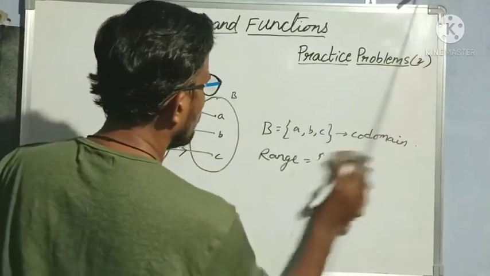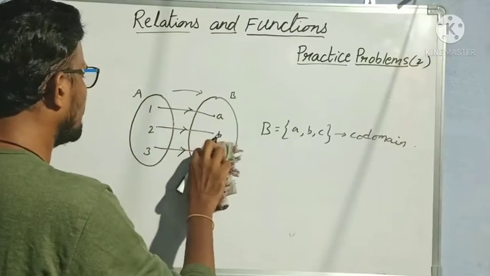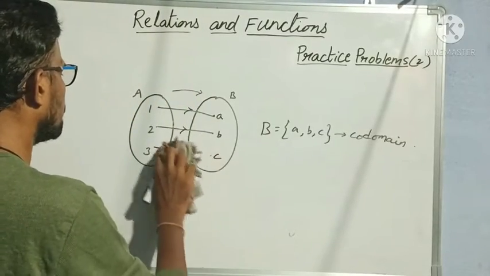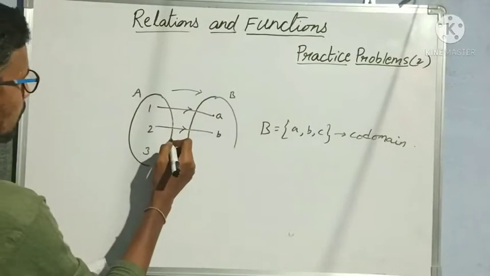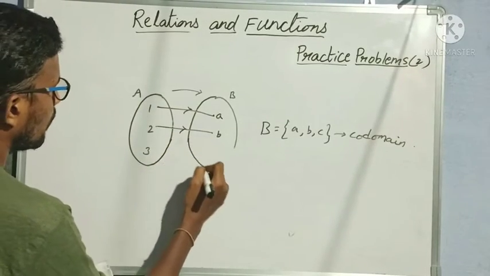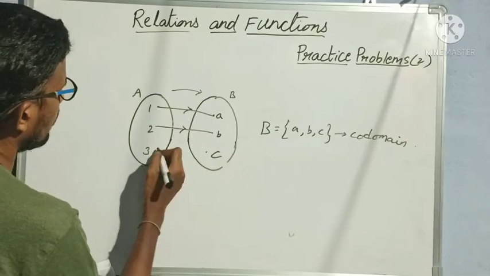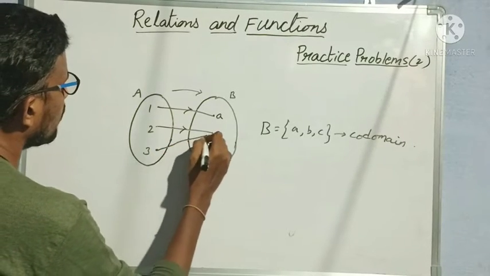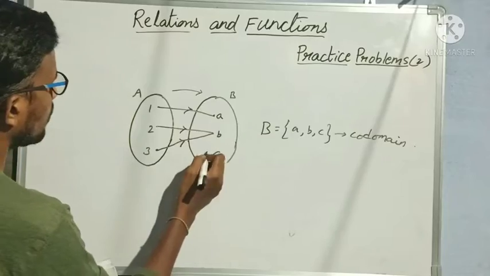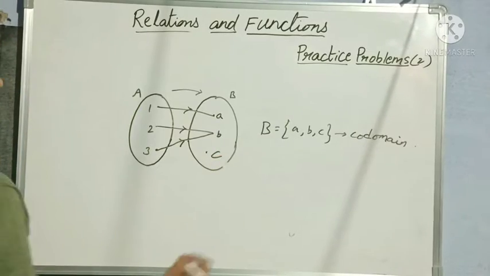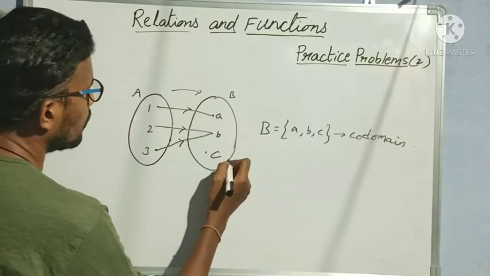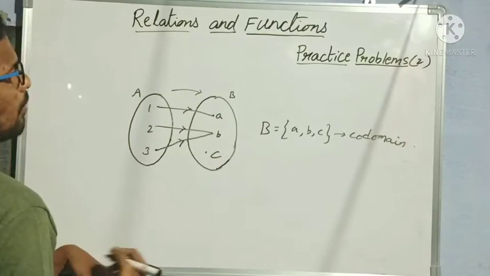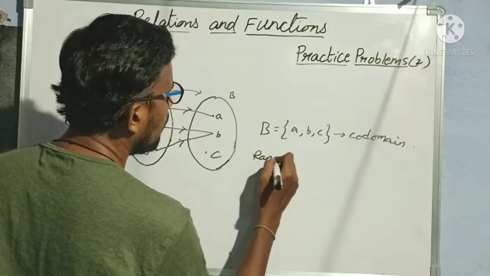In the same example I will explain into function also. Now I am making a little change here. This is my set A and this is my set B. Here I am mapping 3 also to b. Already I said codomain means the complete set B, even when the elements are not mapped, but range means only the mapped elements.